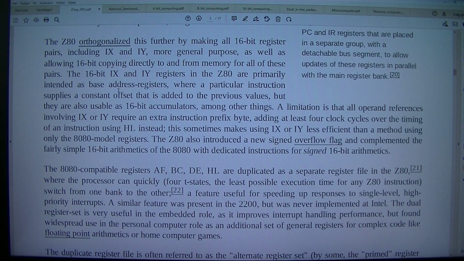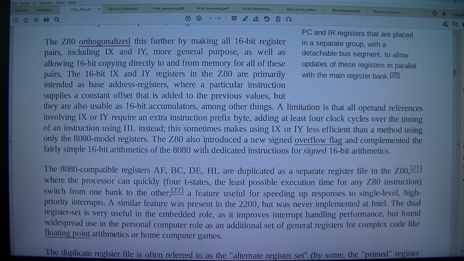The 16-bit IX and IY registers in the Z80 are primarily intended as base address registers, where a particular instruction supplies a constant offset that is added to the previous values, but they are also usable as 16-bit accumulators, among other things. A limitation is that all operand references involving IX or IY require an extra instruction prefix byte, adding at least 4 clock cycles over the timing of an instruction using HL instead.